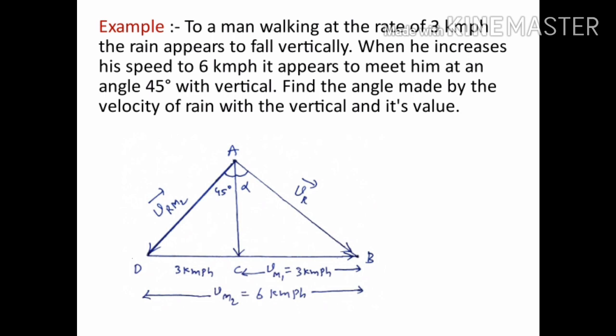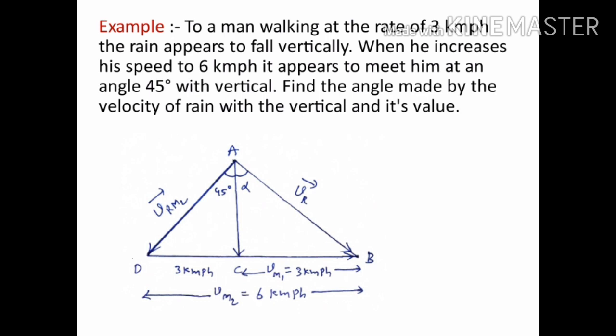In the first case, the velocity of man is taken as 3 km per hour, denoted by CB. And the velocity of man in the second case is taken as 6 km per hour, that is taken as DB. And VR bar is taken as AB.